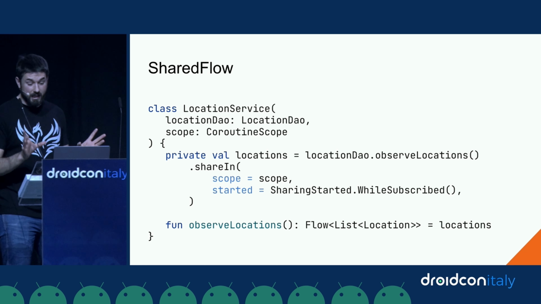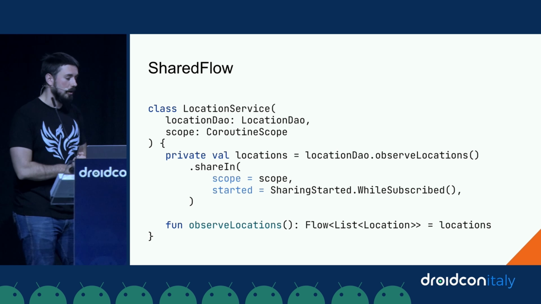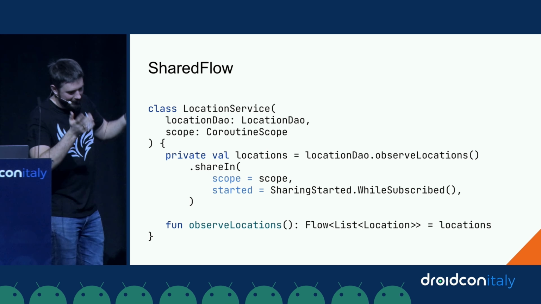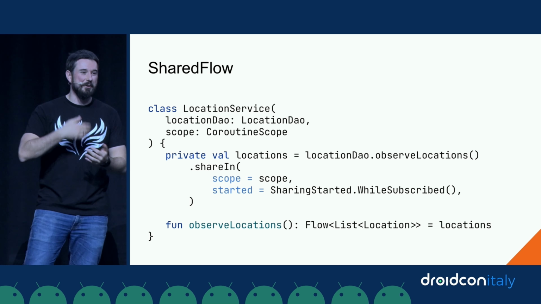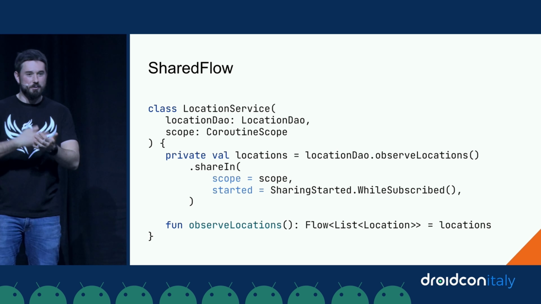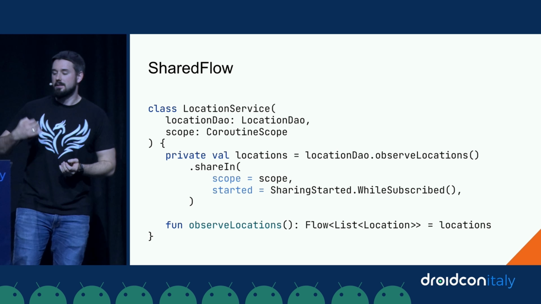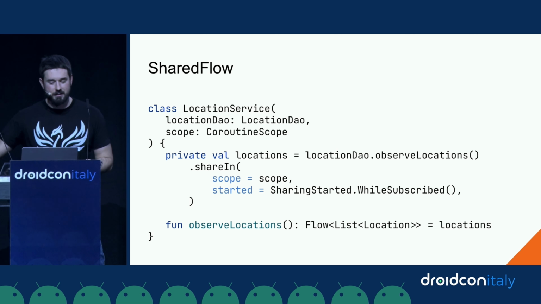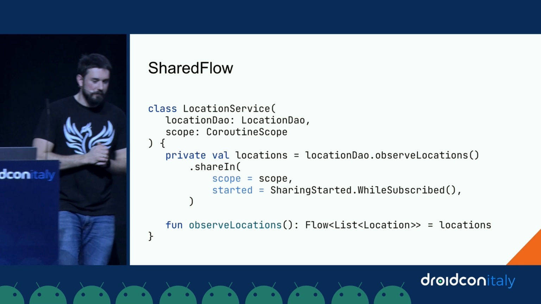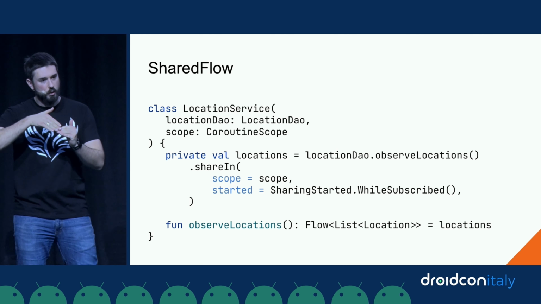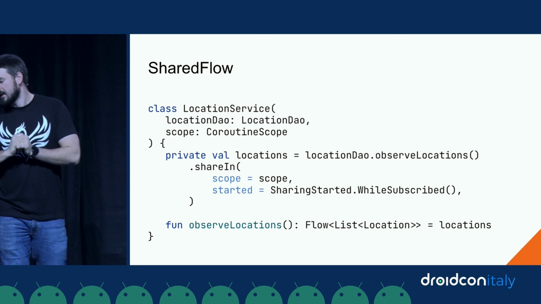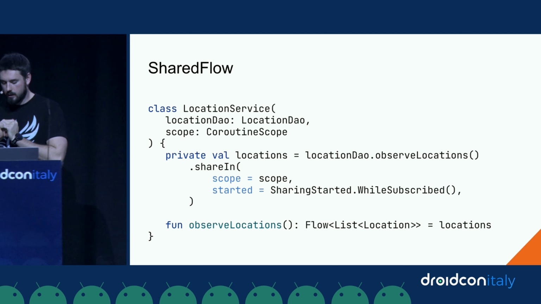Now, let's start with some basic usages of SharedFlow and StateFlow. SharedFlow is, of course, used like an event bus on Android. So whoever subscribes receives updates. But it is also used as a very important optimization in our services and repositories. For instance, if you have some WebSocket that multiple parts of your application need to use at the same time, you can use a SharedFlow to have only one connection.